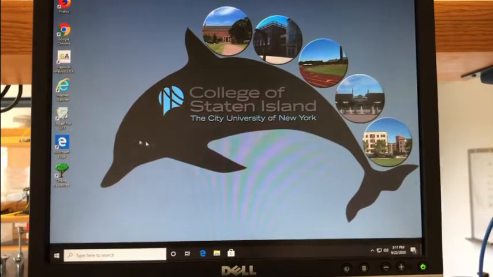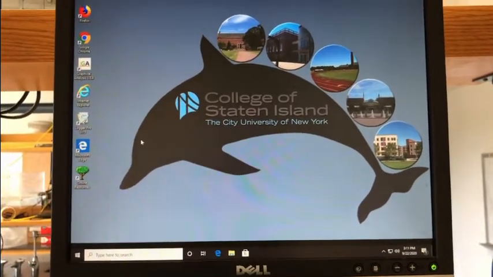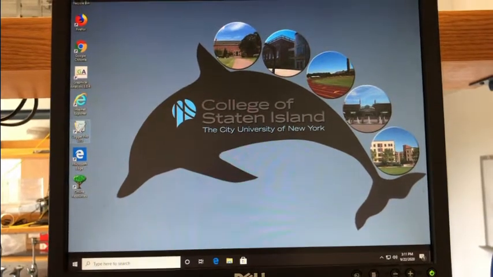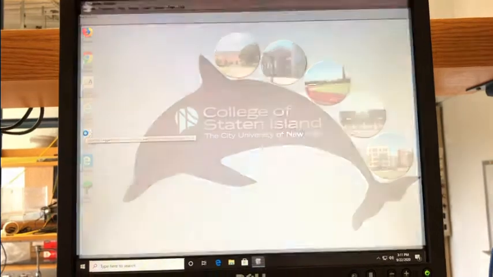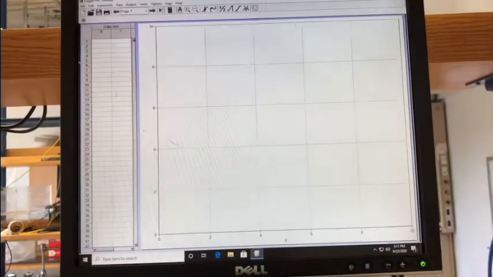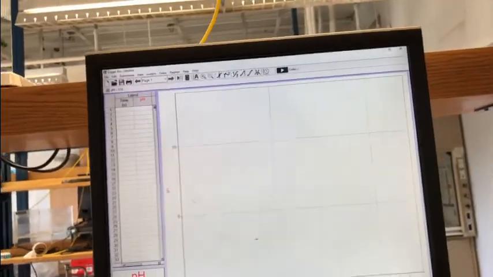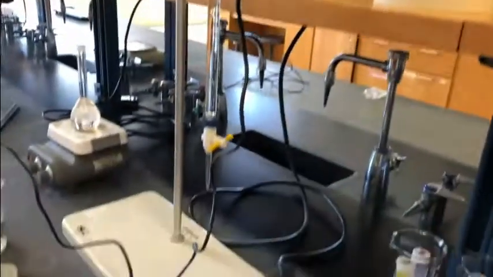Once you have opened the computer, we will go to Logger Pro. After that, as you can see here, I have connected the pH probe.